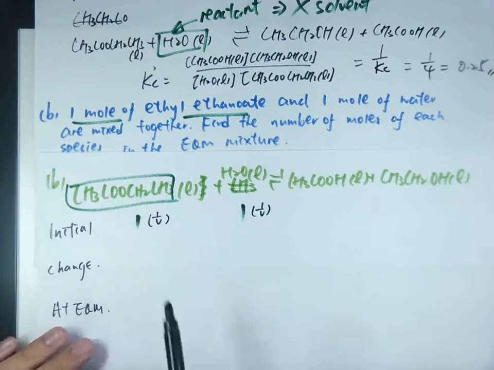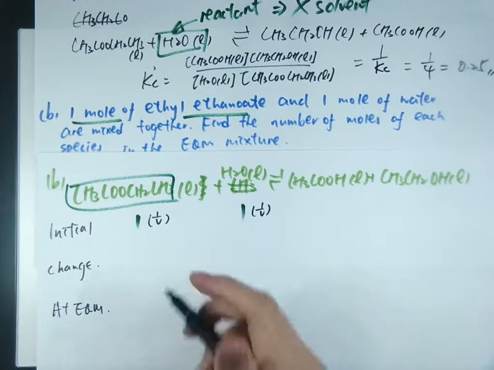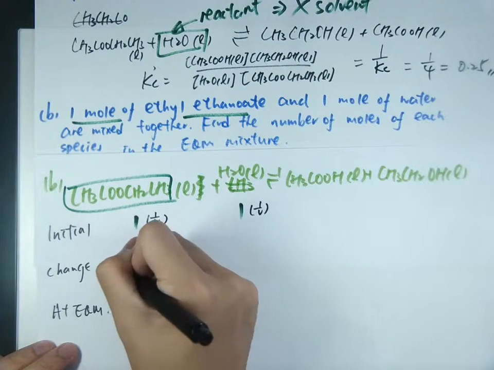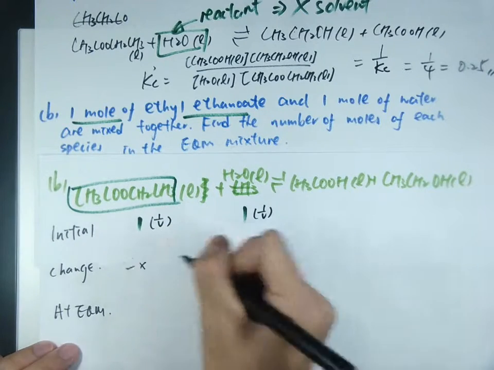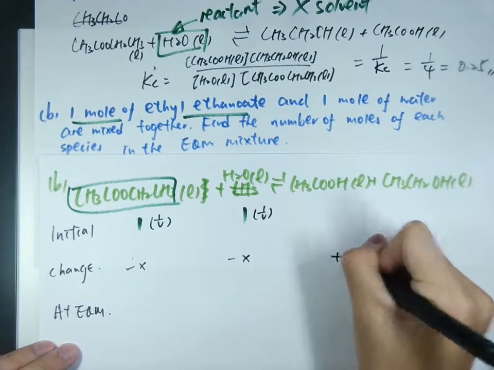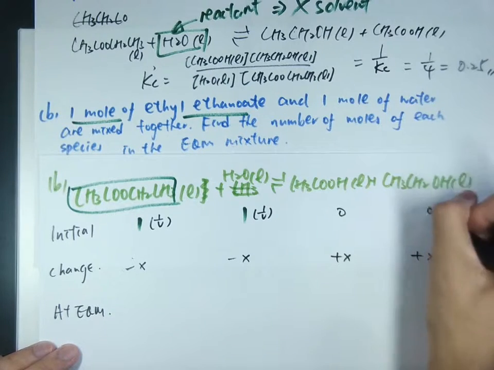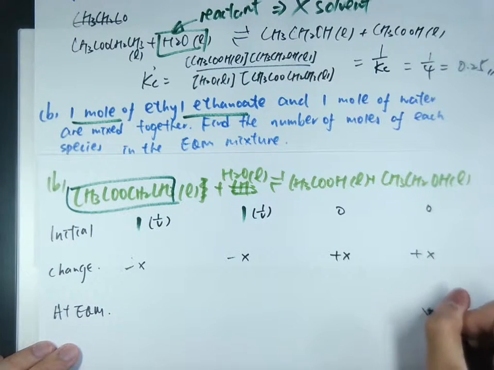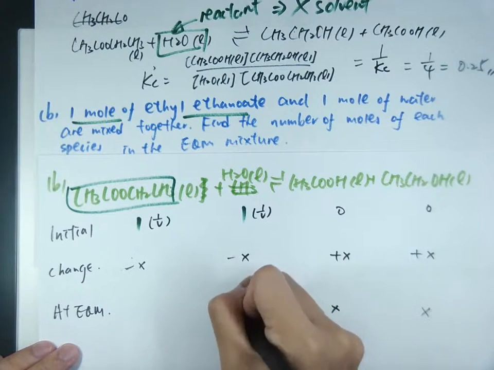Perhaps, let me show you. This is x, this is negative x, okay? Negative x, positive x, positive x, 0, 0. Understand? So this is x, this is x. 1 minus x, 1 minus x.